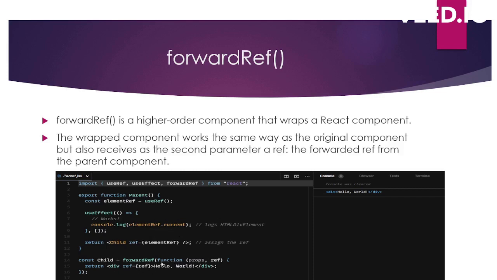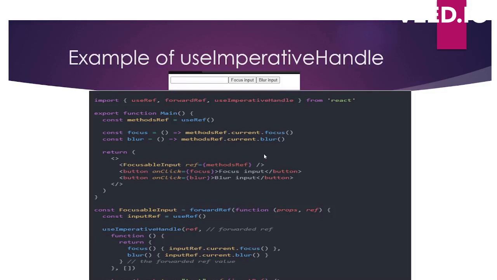Now if I want to attach something new, some functions or some logic, to this ref that we are passing back to the parent, we have to use useImperativeHandle for that. So let's understand useImperativeHandle with this example. We have a main component which has three child components: focusable input, and two buttons, focus input and blur input.